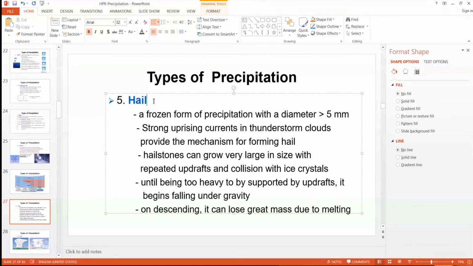They can occur even in tropical regions. Even sometimes in India, even in the south, we receive hail. So the main mechanism for hail is the uprising currents. I will explain using a figure so you can understand better.